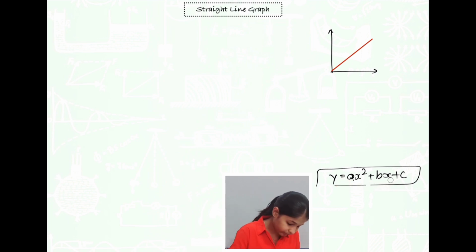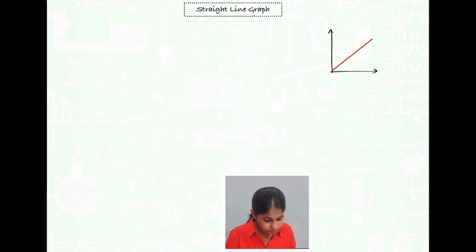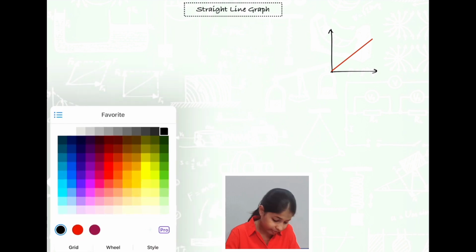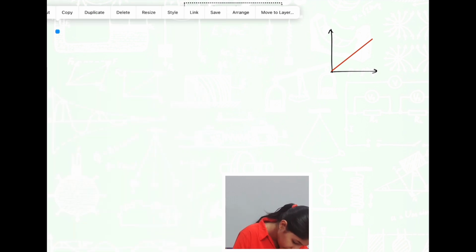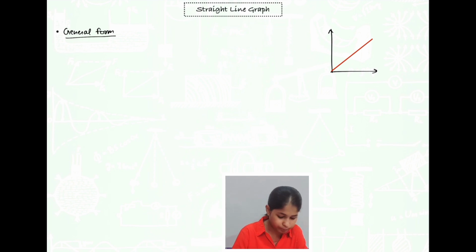In the same way, I am going to talk about the general form of the straight line graph. Now I am not going to say general formula because it would be wrong, but it is the general form.